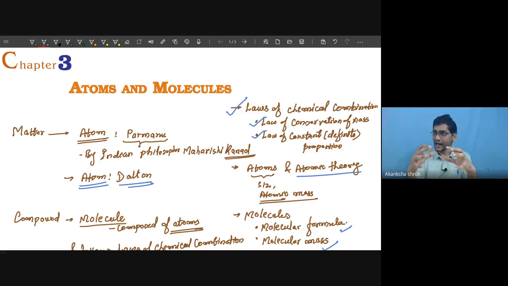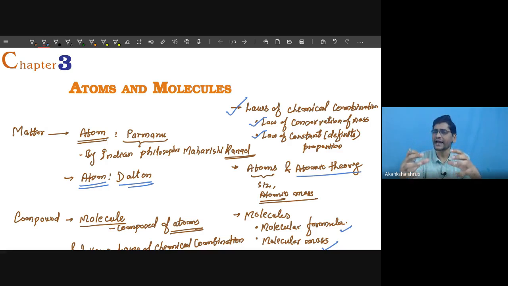Now these atoms combine to form molecule. This formation of molecule from the atom was observed through various experiments. Then scientists started searching how these atoms are combining to form molecule.